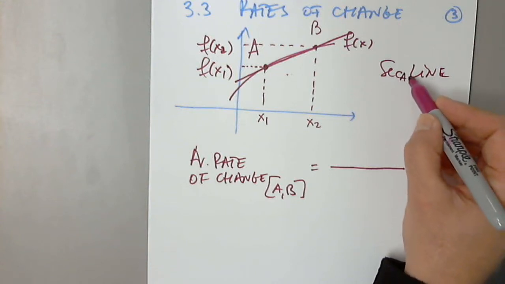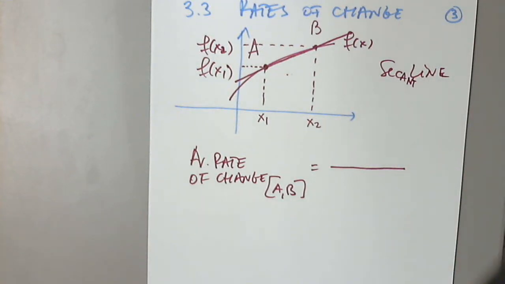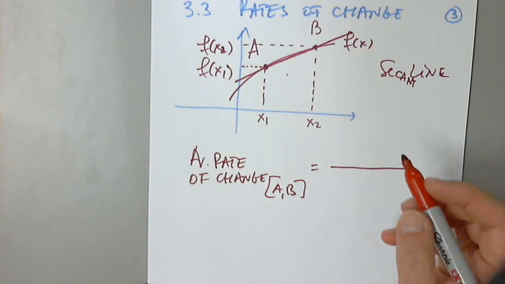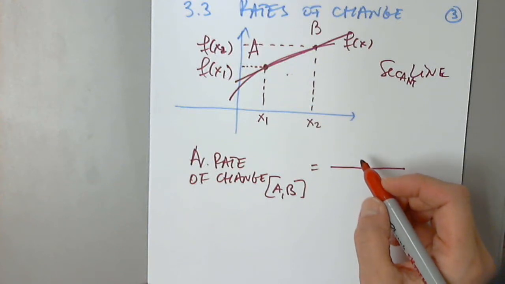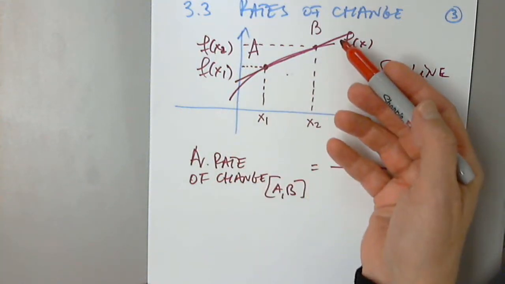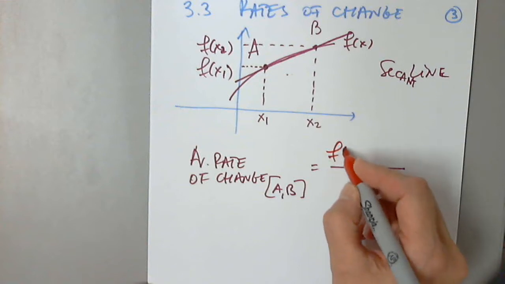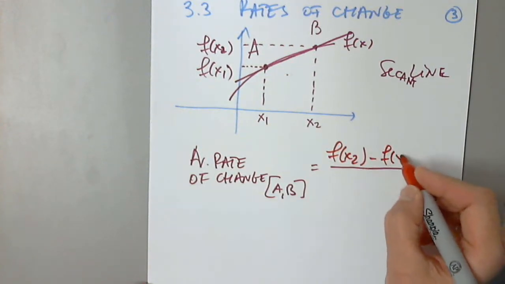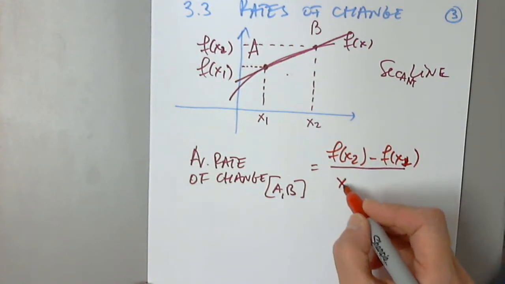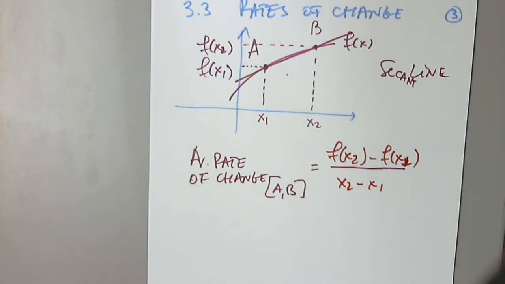Let me just write secant line. Can anyone give us the average rate of change between A and B, which is the slope of this line? Awesome. Very good. Perfect, Ryan, thank you.